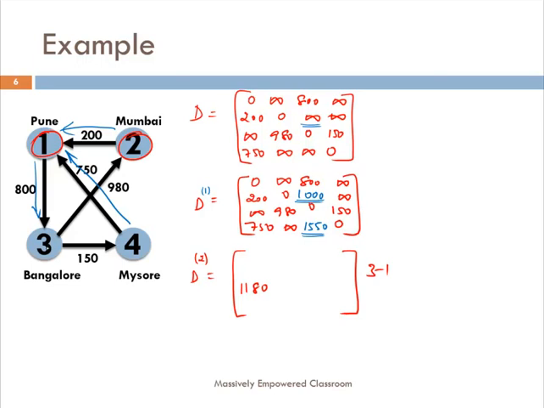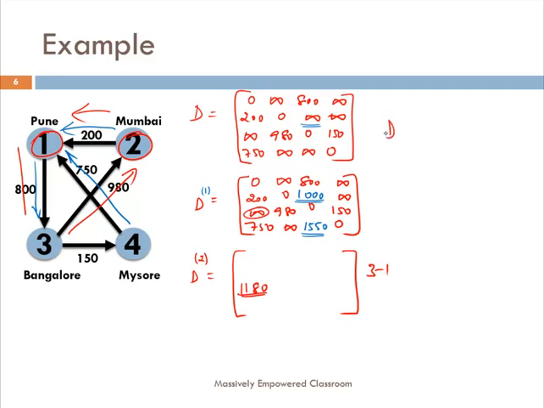Now 3 to 1, there was no path before, but now you can go through node 2 and get to node 1. So 3 to 1 is 980 plus 200, 1180. That was this infinity before. So we get a new value for that.